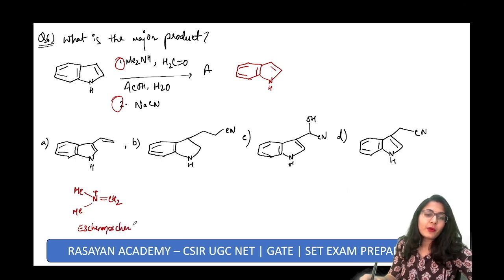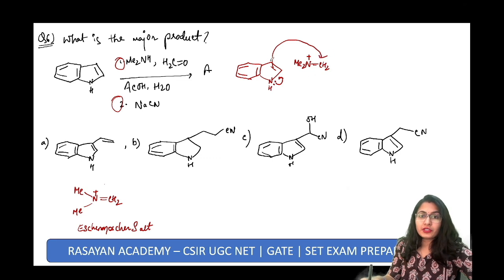Yes, why is it so popular? Because it is used in Mannich reaction, isn't it? This is going to be a Mannich reaction, Me2N double bond CH2. Nitrogen has a positive charge. This is indole. So indole will always attack from the third position, not 2 and 5. Because if it attacks from the second position, it has to disturb the aromaticity of benzene.